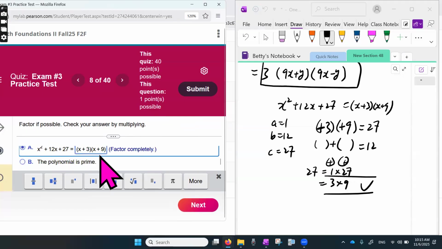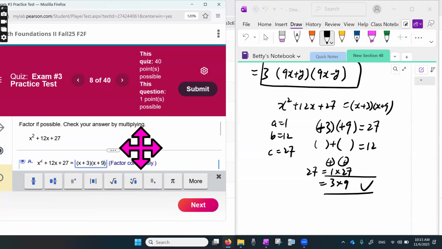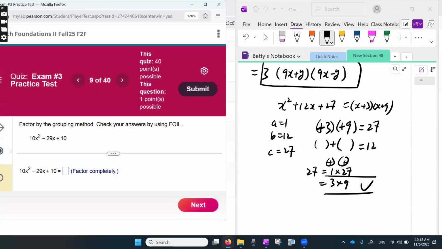Yeah, x plus 3 times x plus 9. 3 times 9 is 27, 3 plus 9 is 12. You should always double check, okay? Make sure the two numbers in the two parentheses multiply to 27, which is C, and add up to 12, which is B. Next, question 9, factor by grouping method.